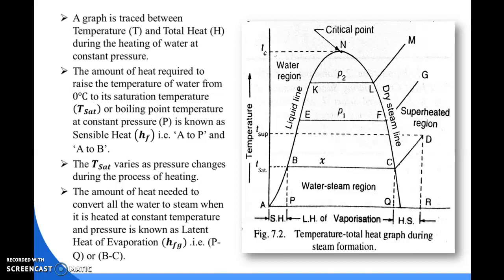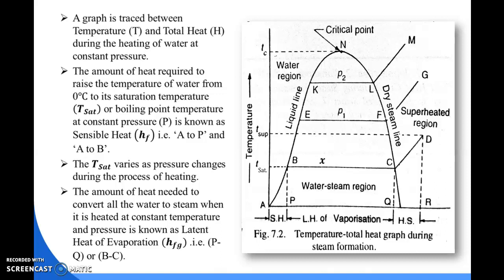Similarly, at point C, it will also have different values of internal energy, enthalpy, entropy, and specific volume. So, for each pressure, this value of the wet steam varies. For each pressure and temperature, this data will vary, and it will vary up to the critical temperature and pressure.